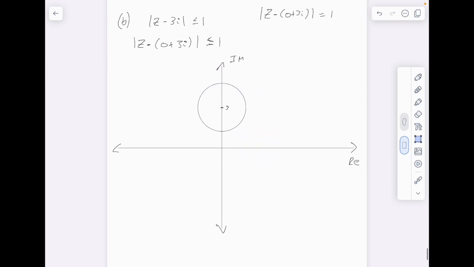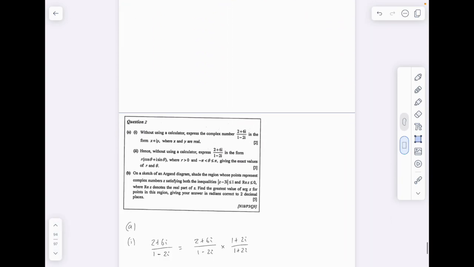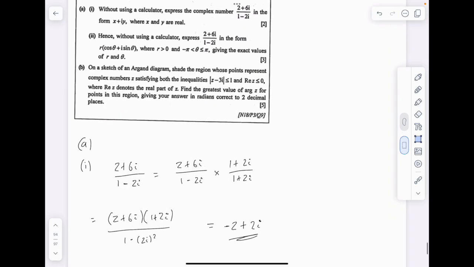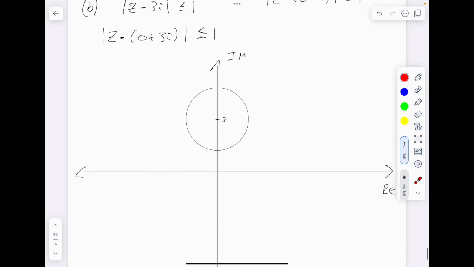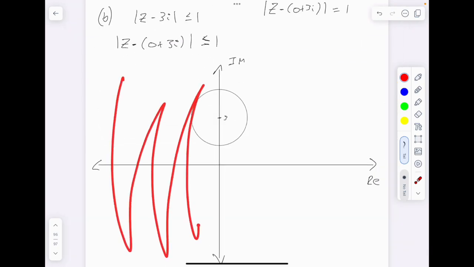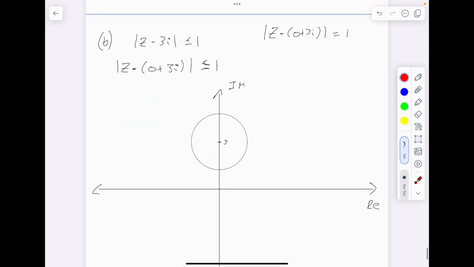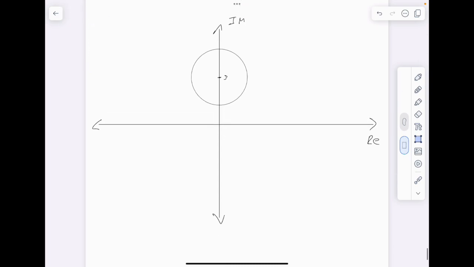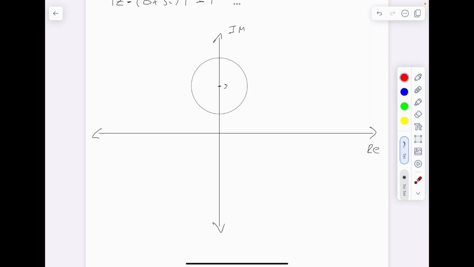Cool. So what's our first condition here? First condition is that real z is smaller than 0. So if real z is smaller than 0, that means we're all going to be on this side. Cool. That's the first part. We're all going to be on this side over here.